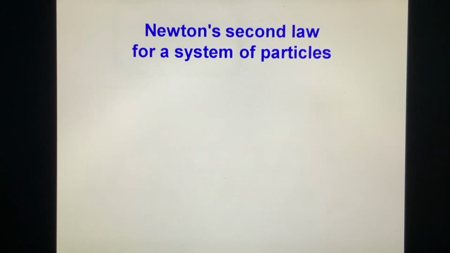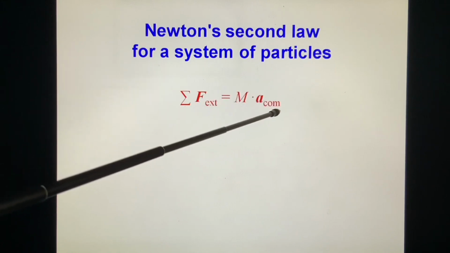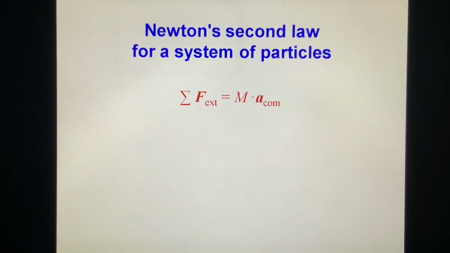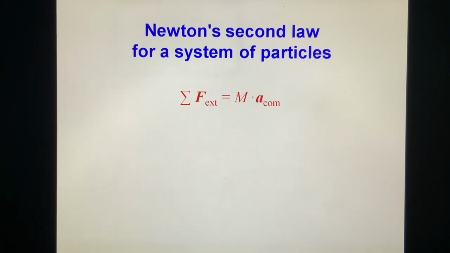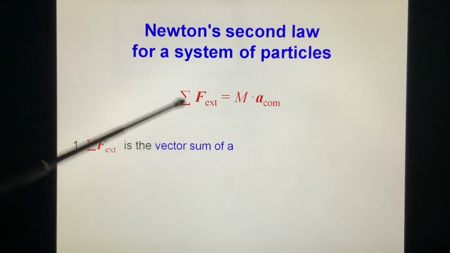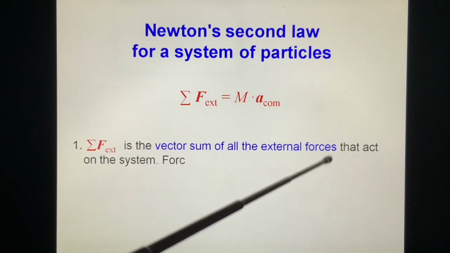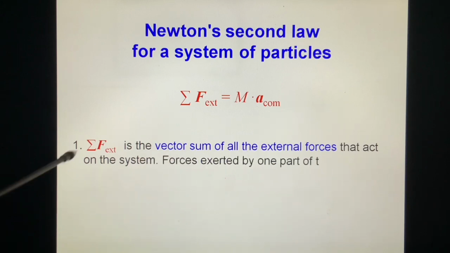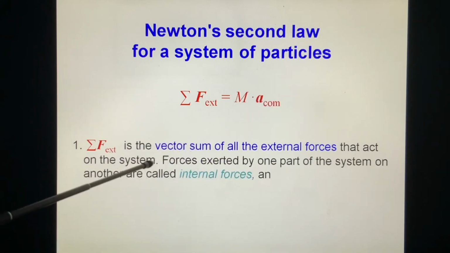Newton's second law for a system of particles: sigma F external equals M a com. F equals ma, but each term has a different meaning. One, sigma F external is the vector sum of all external forces that act on the system, not necessarily on the center of mass, on any particle of the system.